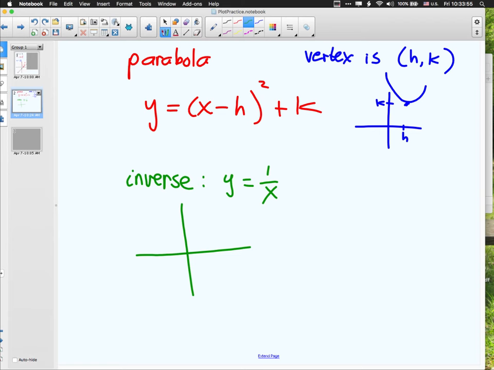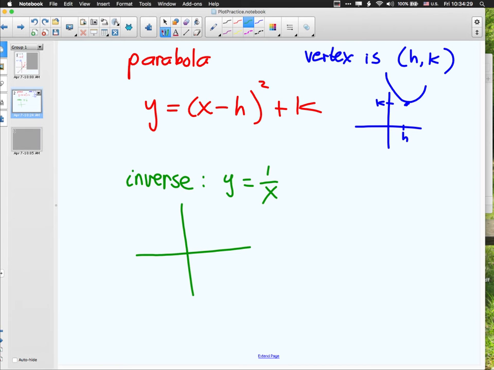Let's just think about quadrant 1 for a second. As x gets huge, y gets really, really small, or really close to 0. Okay. Does it ever reach 0? No. Because you can't divide something and get 0. So that's the inverse of the y equals 1 over x.